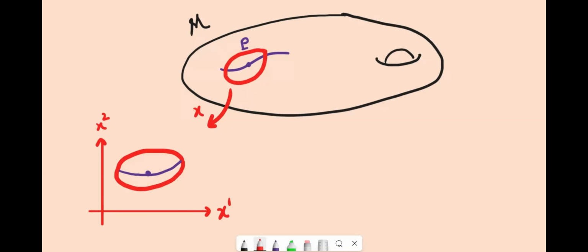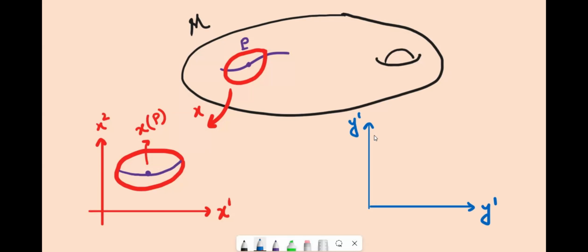The coordinate will also have the same dimension, and he has the image of this point, which is denoted by x(p). But remember, you invited two of your friends. One is Red and the other one is Blue, and Blue comes up with her own coordinate system, which she calls the y coordinate.